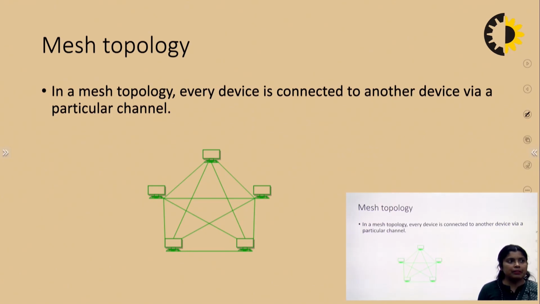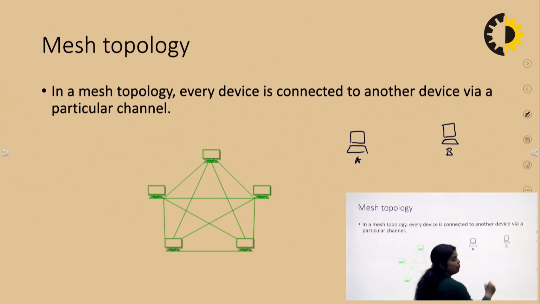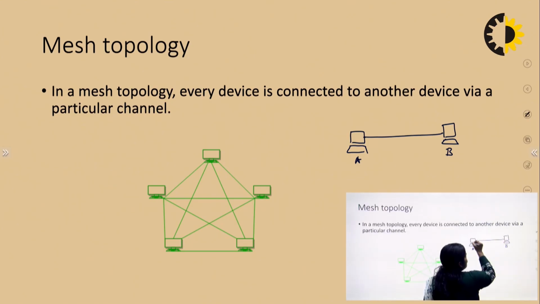Before starting the mesh topology, we have to understand the dedicated link. Whenever systems are connected, suppose A and B are connected and have a dedicated link. Dedicated means only one system is connected to the other, not to others, so that secure messages are transferred.